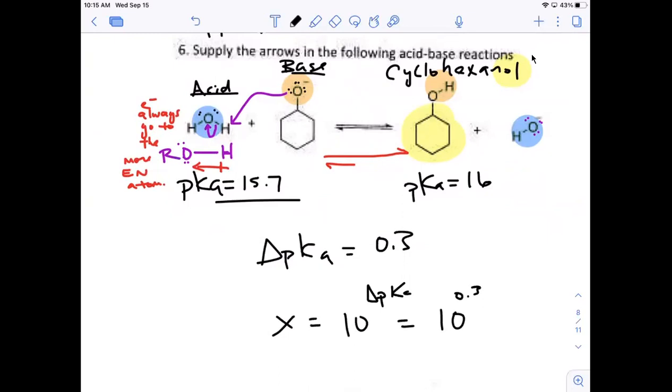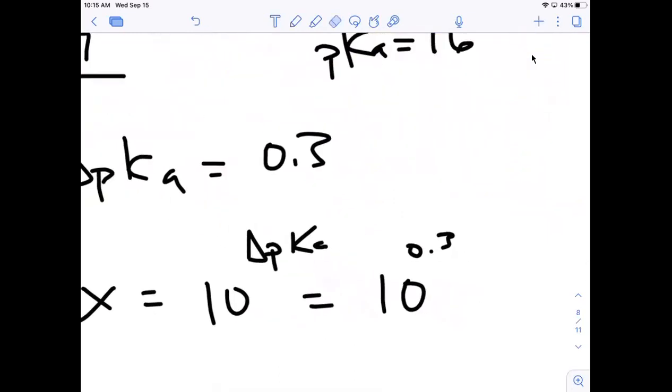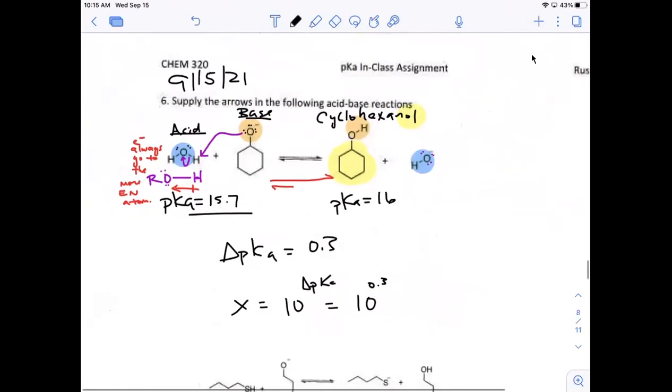I have a question. Go ahead. Can you scroll up when you're done? Why did you write those arrows the way you did? Okay, so it's an equilibrium, which means that the reaction can go forward or backwards. Well, we said the forward reaction towards cyclohexanol is favored because that's a weaker acid.